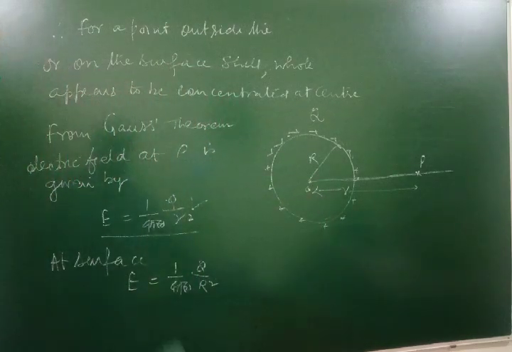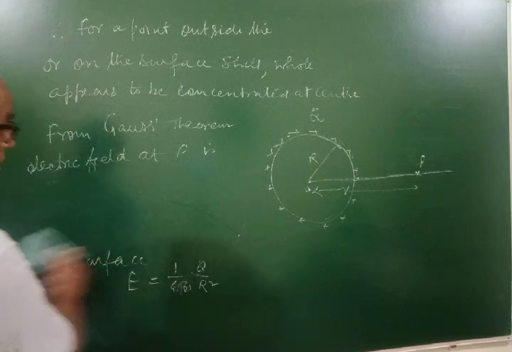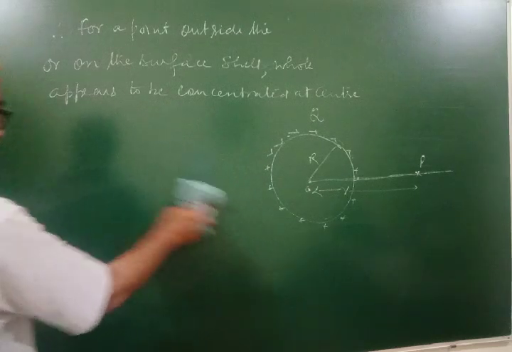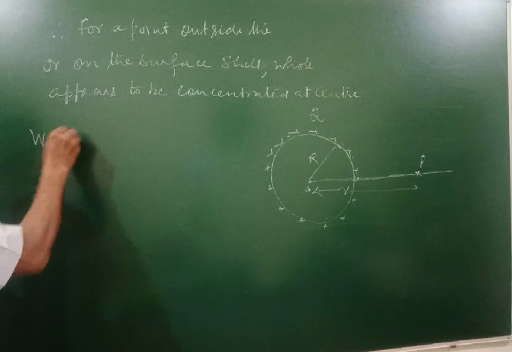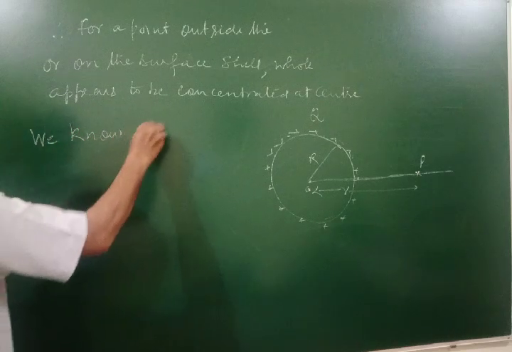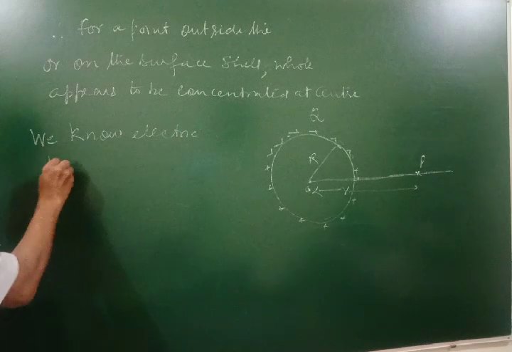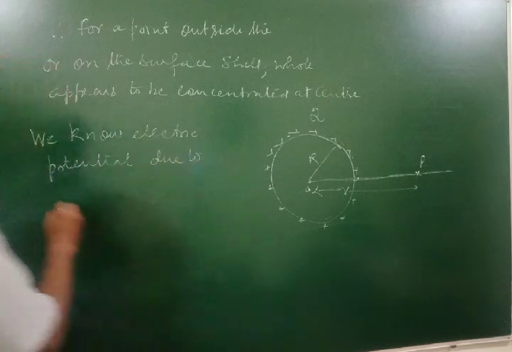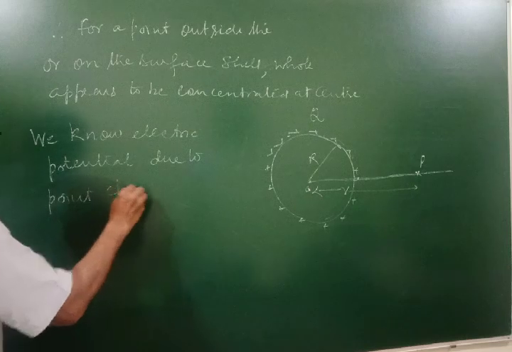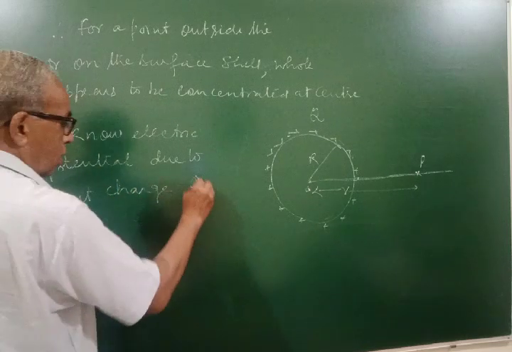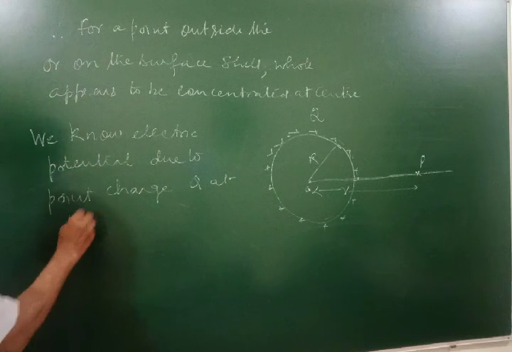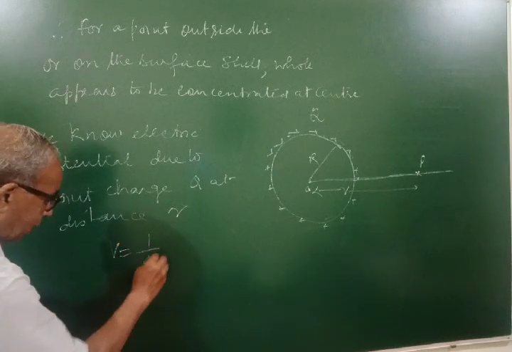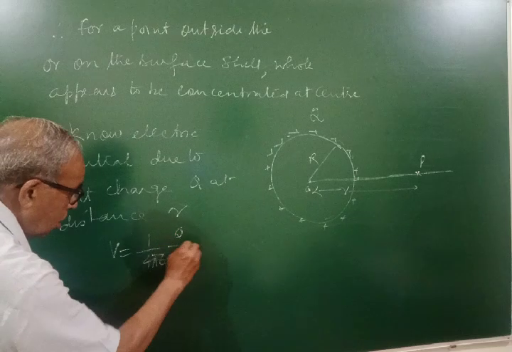And we know the electric potential due to a point charge q at distance r is V equal to 1 upon 4 pi epsilon 0 q by r.